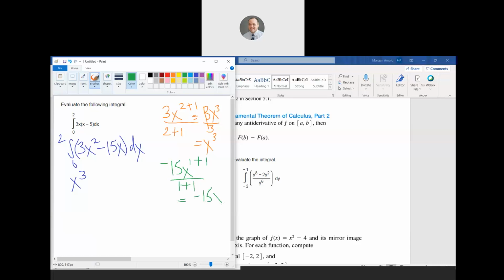And that will become negative 15x squared all over 2. Now we're ready to plug in our limits of integration.